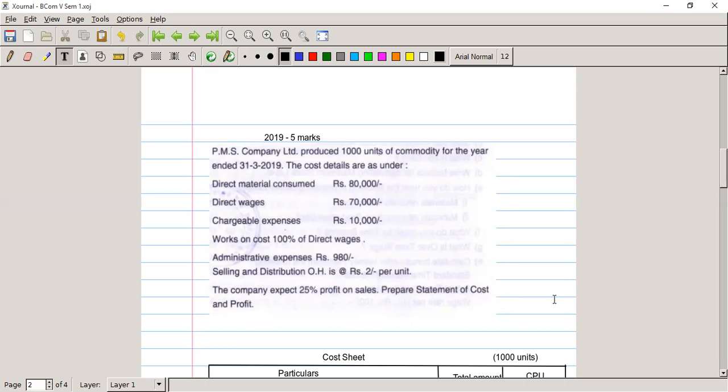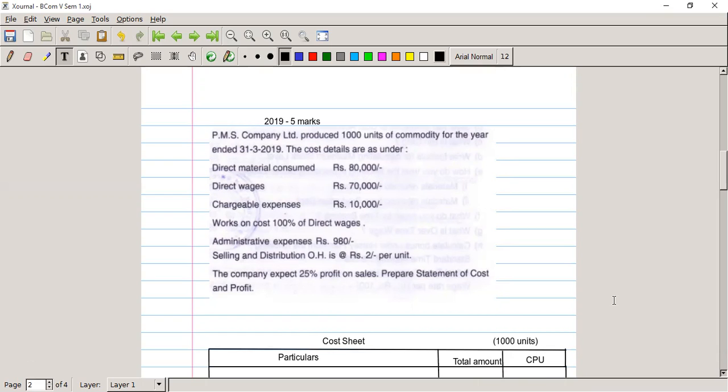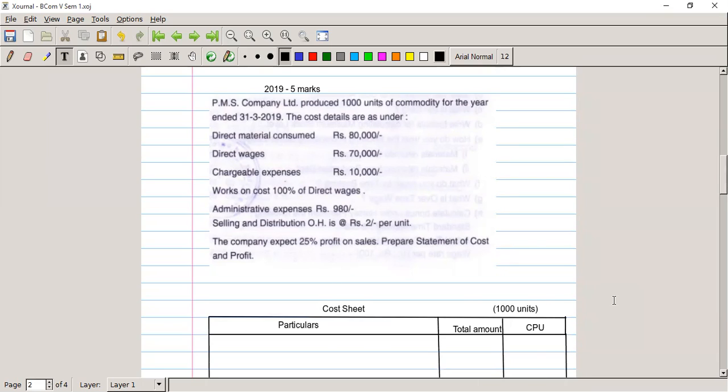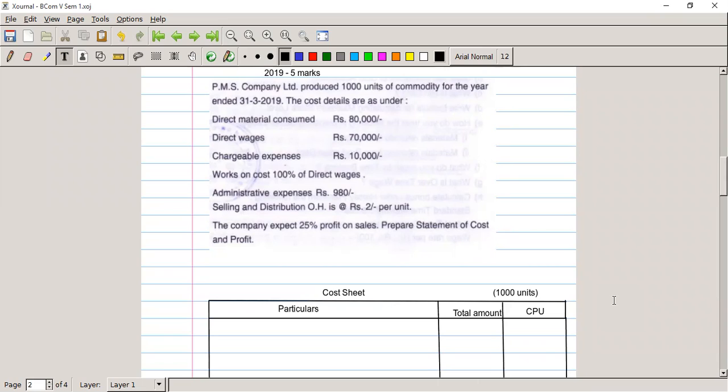So let us do this now. This is the format of the cost sheet. Let us do it one by one. First of all, we have to take direct materials.